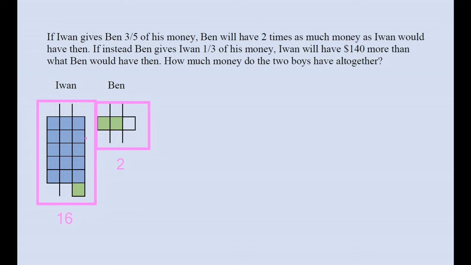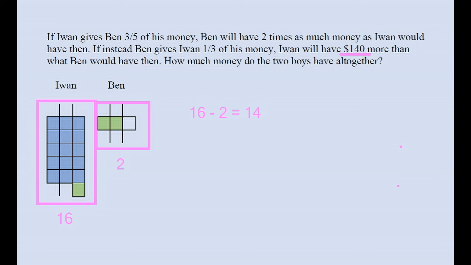Once again, if you count the total number of squares Ivan has, he has 16, Ben has 2, 16 minus 2 is 14. So Ivan has 14 additional squares. So the 14 additional squares must represent $140.